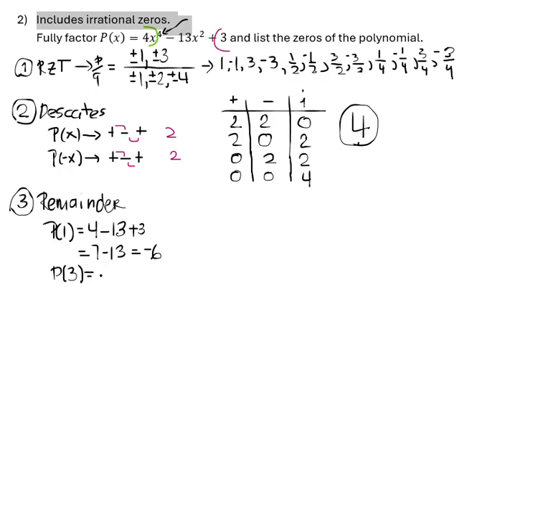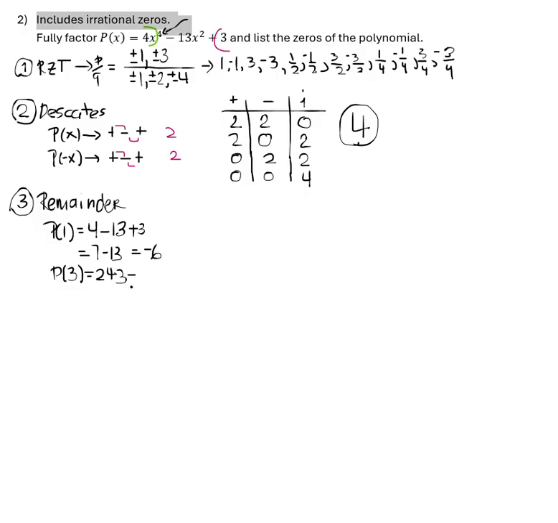So this is going to be 4 times 3 to the 4th, which is 81. So I'm going to do 4 times 81, and 4 times 81 is 243. Oopsies. So I'm just going to write 243 there. Minus 13 times 3 squared, so 13 times 9.